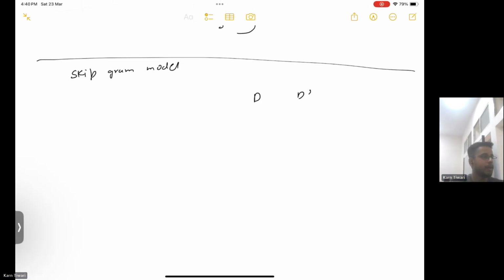So the probability of predicting a word is the same as the probability of predicting the correct path from the root to that node. It's equivalent.